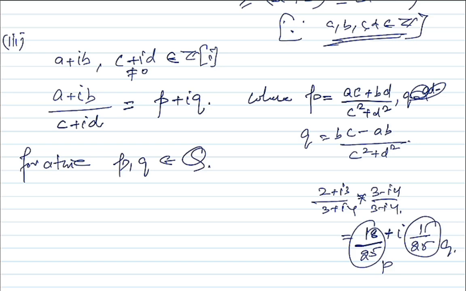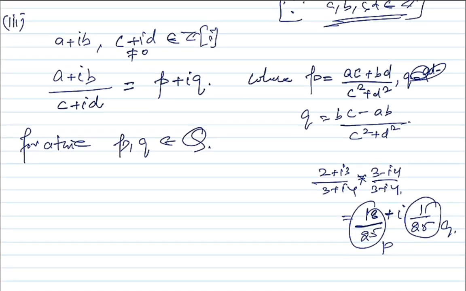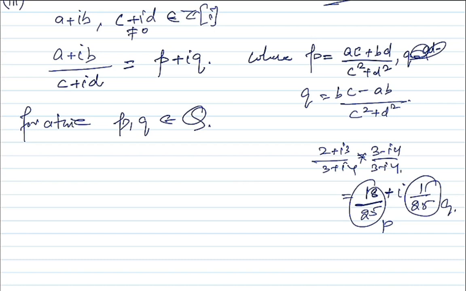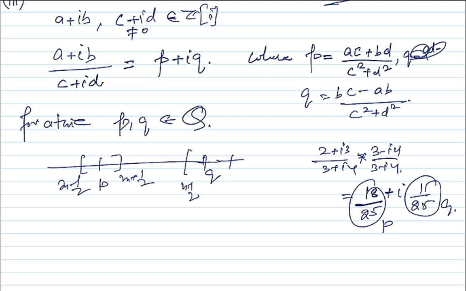But how do we get integers? Some integers. Now these are two rational numbers, p here, q here. Find some integer m such that p is in the interval m minus 1 by 2 to m plus 1 by 2, and n such that q is also in n minus 1 by 2 to n plus 1 by 2.